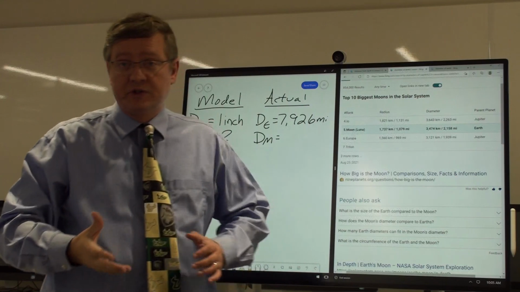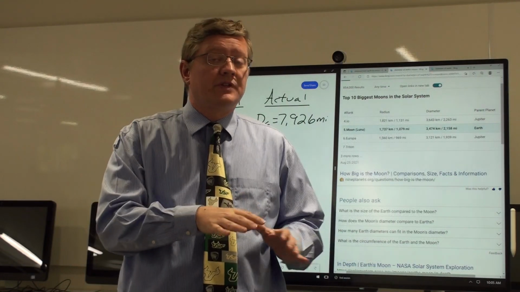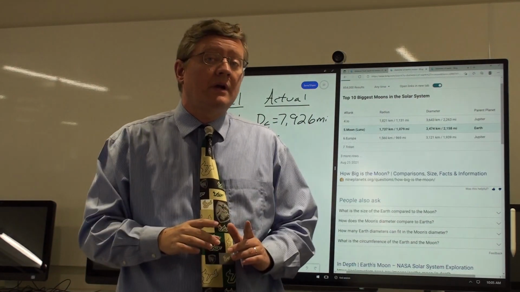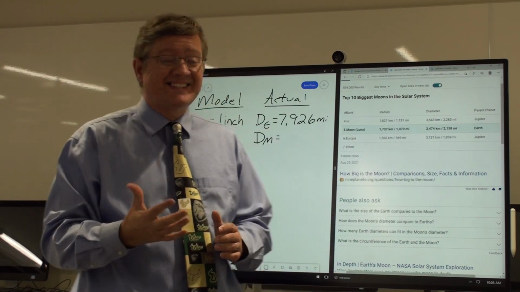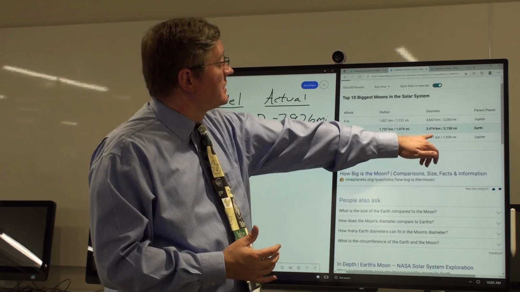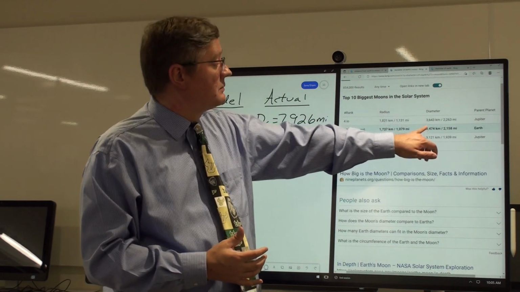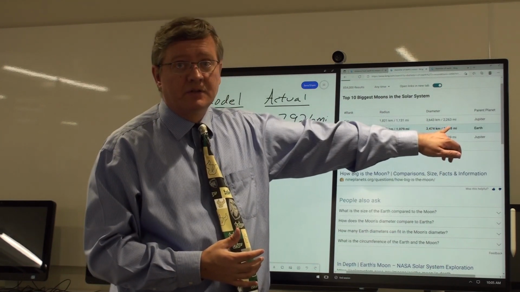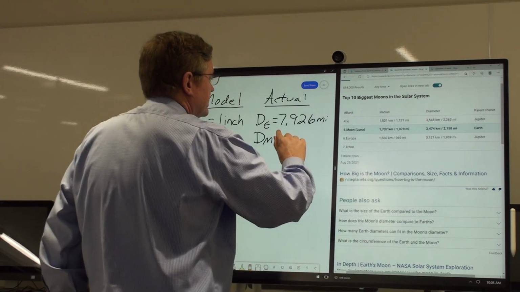Now make sure with your students when you're doing this, I don't care what the units are, but what I do care about is that the units are consistent. So when I look up diameter of moon, don't do the radius, but look at the diameter of the moon. So I don't want to hit the first column of kilometers, but it's 2,158 miles.